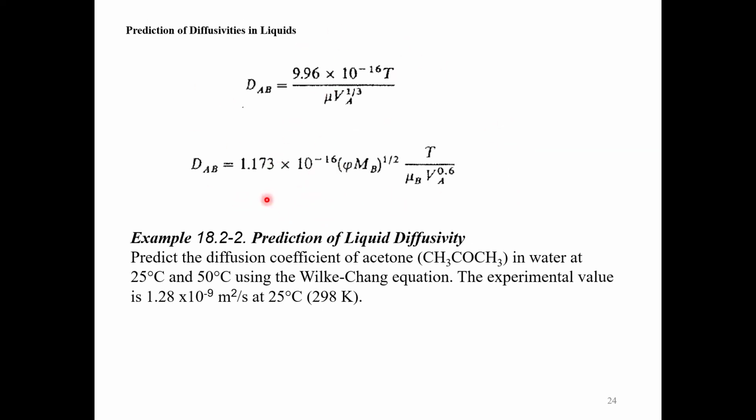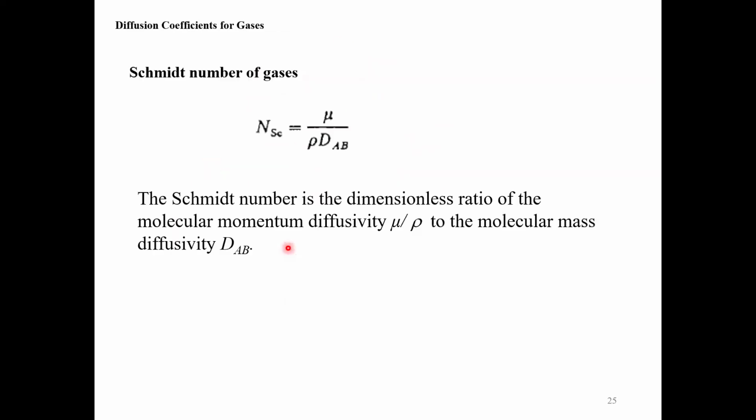So there are two different semi-empirical formulas from which you can estimate diffusivity, and you see that diffusivity is directly proportional to temperature. And there are examples in the textbook with which you can see how these formulas are applied to calculate diffusivity.